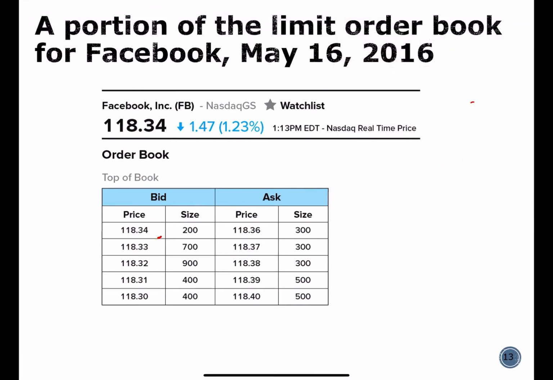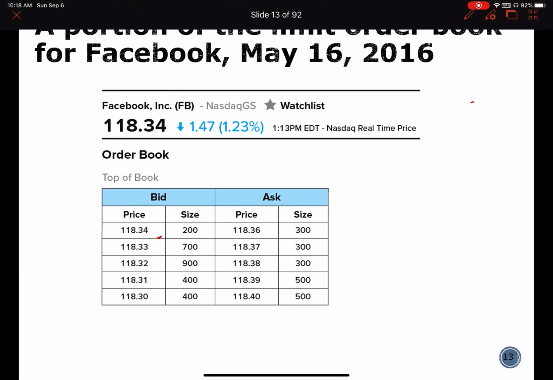Now, remember you wanted to buy 500 shares. If you place this market order to buy 500 shares, again, you have to pay the ask price. So it seems that you will need to pay this price. However, you can see that if you pay this price, you will only be able to buy 300 shares, because the first row basically says, I am happy to sell 300 shares at $118.36.